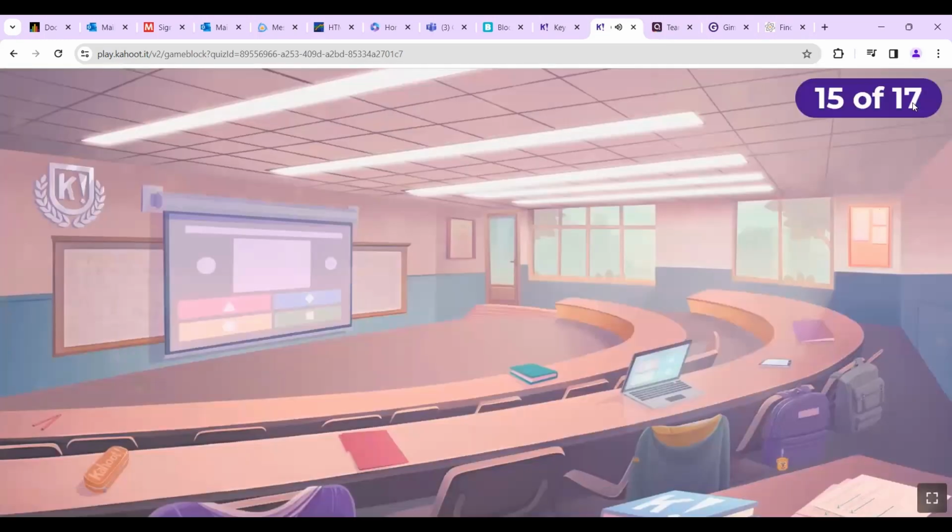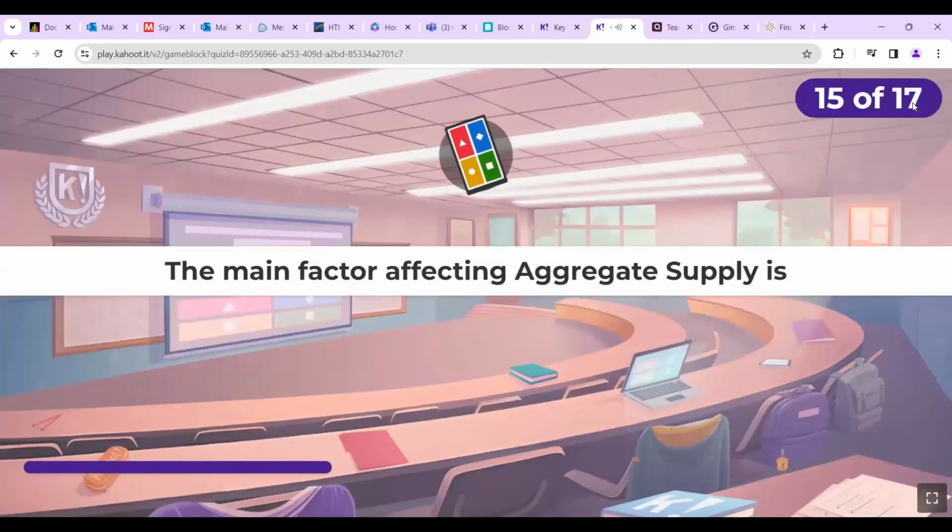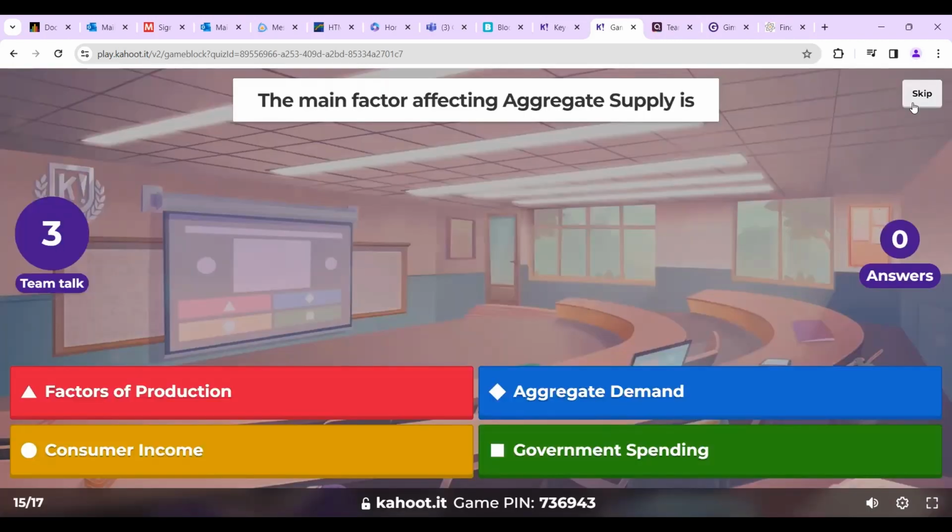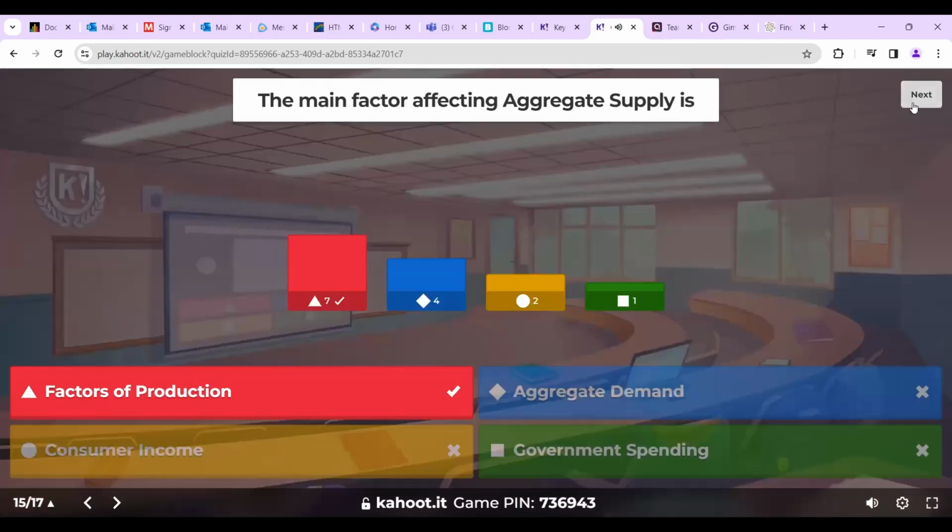Yes. The main factor affecting aggregate supply is what? Factors of production, yes.